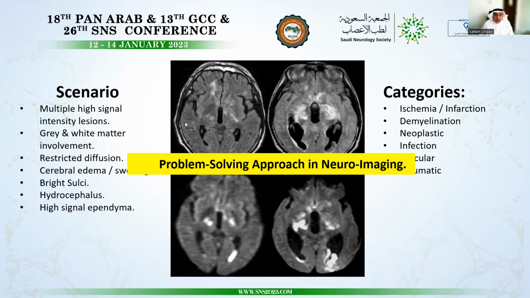Number one, try to identify the findings that you see on the different types of images, and then categorize them into different categories. And based on these findings, see what goes with and what goes against each of these categories and put them in priority order. So you have a short list of differential diagnoses and a likelihood of getting the exact diagnosis nailed down.